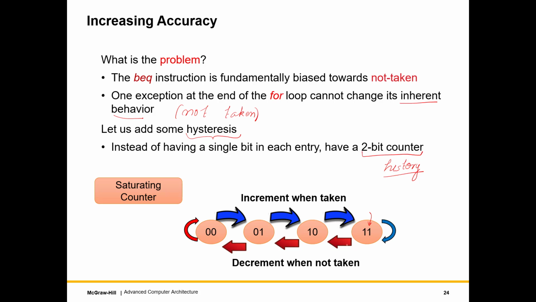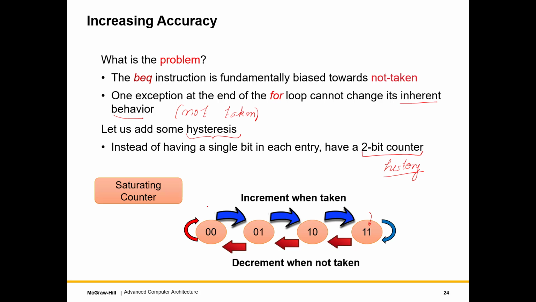Similarly, when the branch is not taken, we decrement the value of the counter. When it reaches 0, 0, it is not decremented further. It remains at 0, 0, right? So its value is not decremented further.